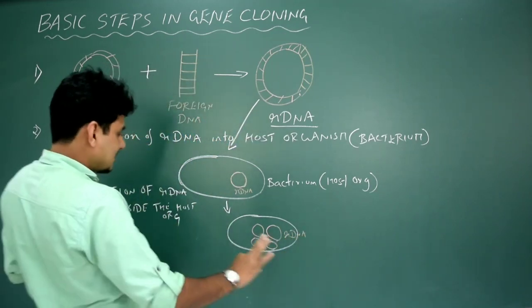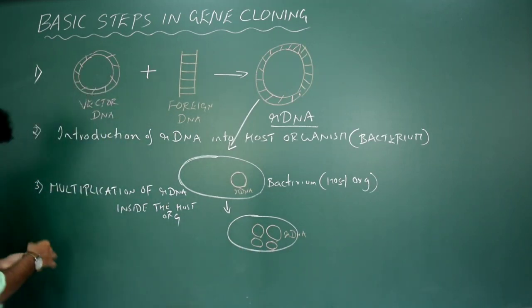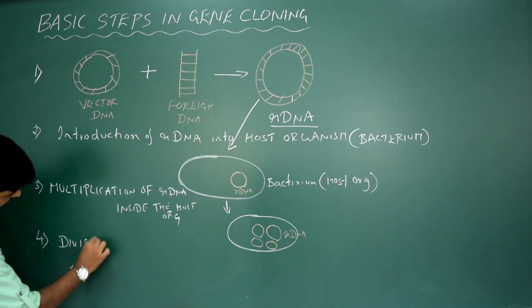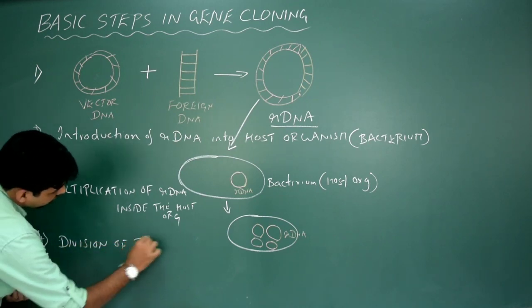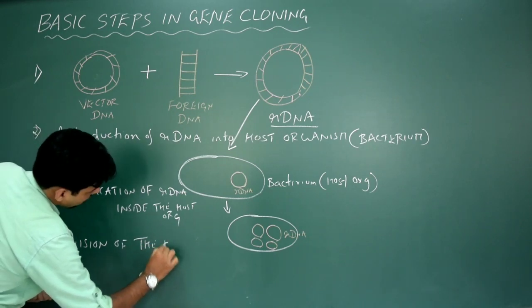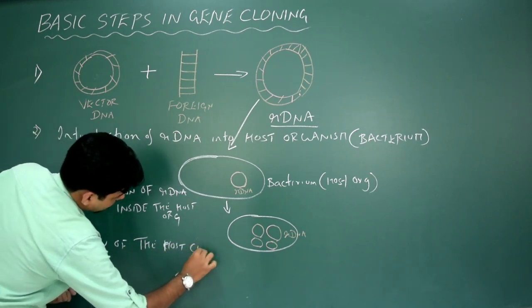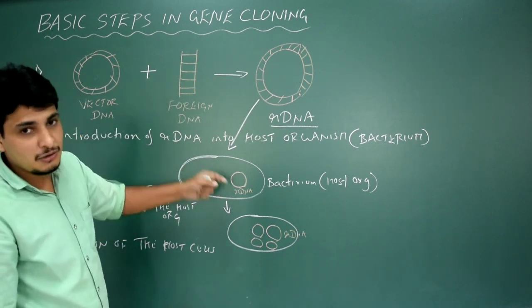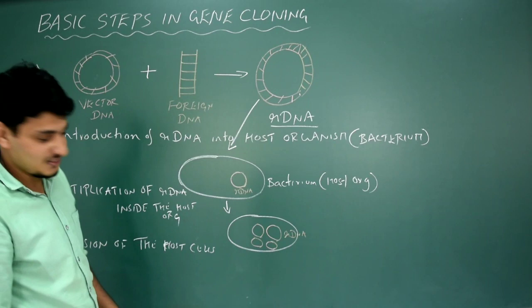Got it? Once this is done, the fourth step is, I may not get the space here, but we'll write it. The fourth step is a division of the host cell. So now the host cell divides. So it is understood that the recombinant DNA divides faster than the host cell. Got it?